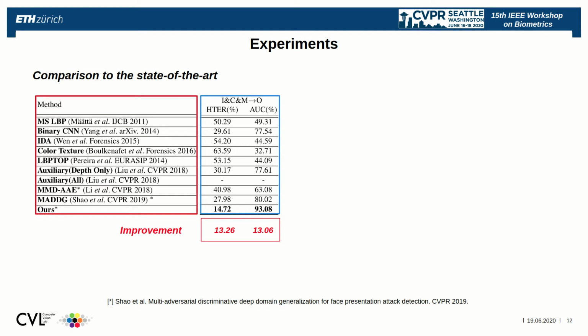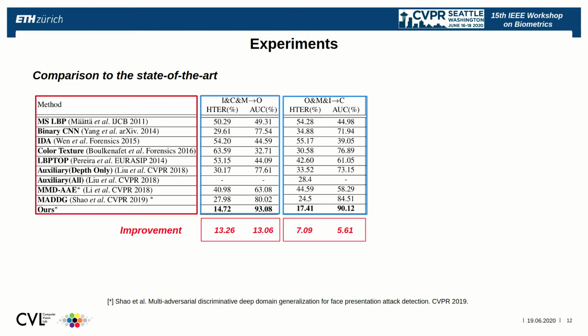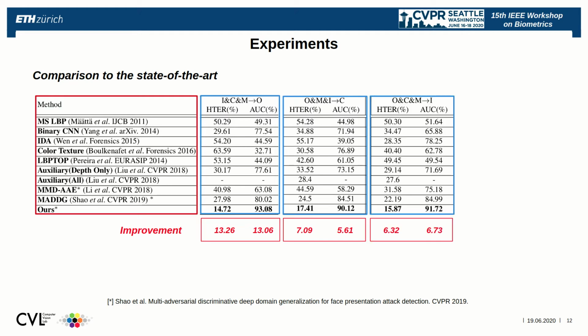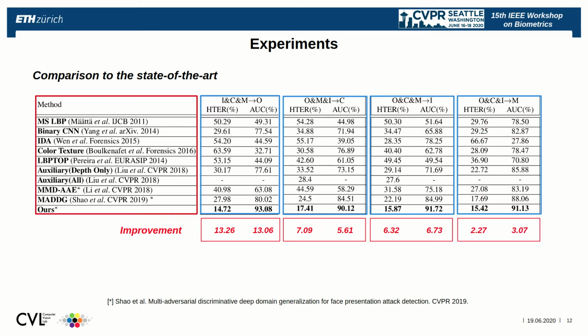Note that our method outperforms the existing face anti-spoofing approaches on the first domain generalization setup, that is I and C and M arrow O. We notice significant improvements both in HTER and AUC. Similarly, the proposed approach shows consistent improvements on other 3 domain generalization datasets. Our method achieves state-of-the-art performance without using any expensive depth supervision or multi-stage training.